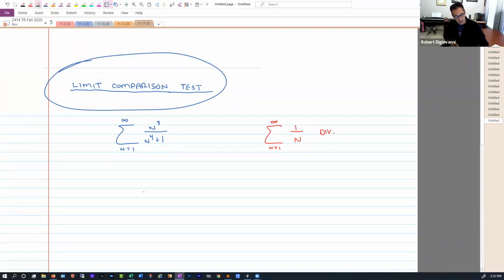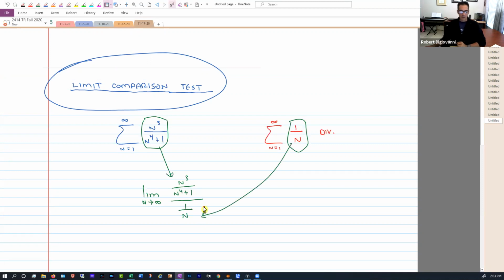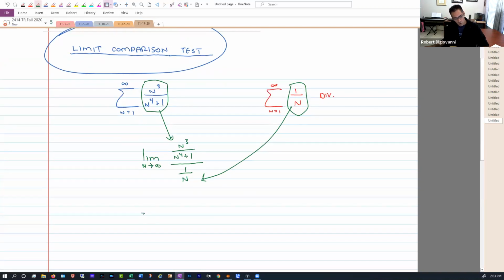What I'm going to do instead is what we call the limit comparison test. That means I'm going to take the limit as n goes to infinity of the first series sequence over the second series sequence. I'm taking this one right here, and this one right here, and I'm going to see what this limit does. What I'm hoping for is that this limit gives me a positive real number.